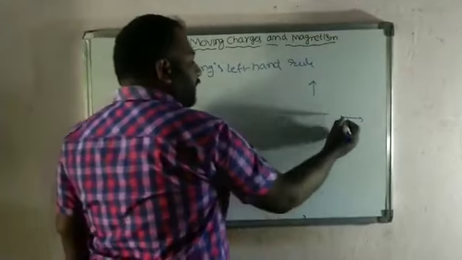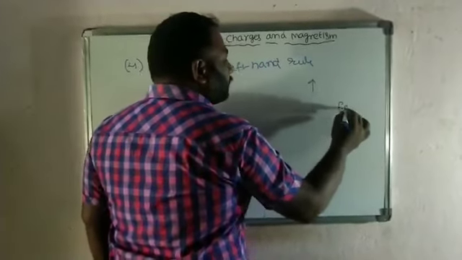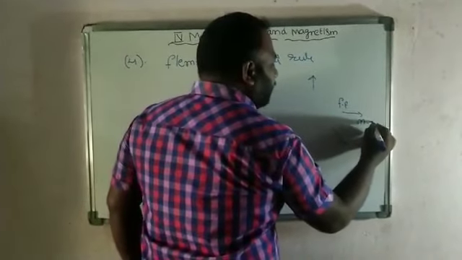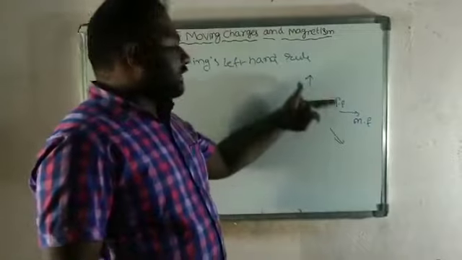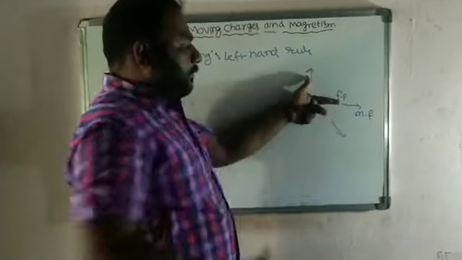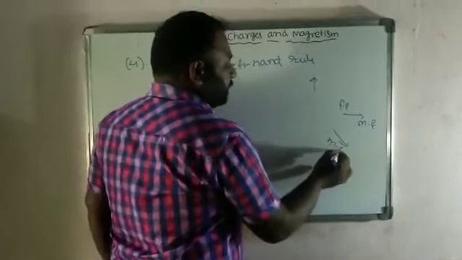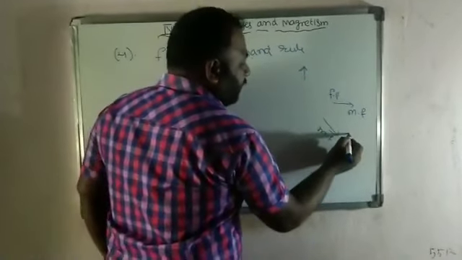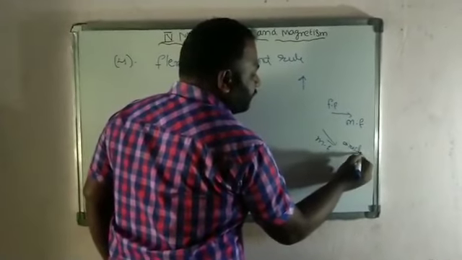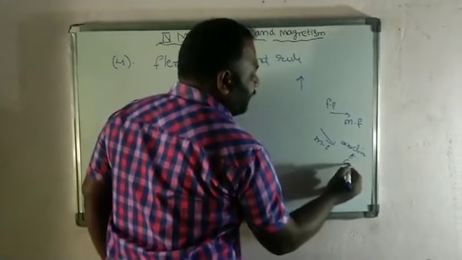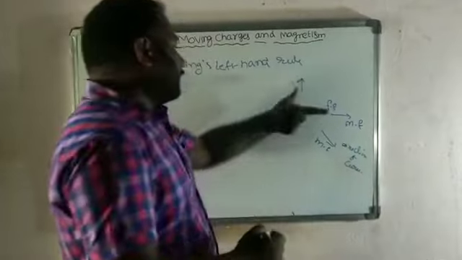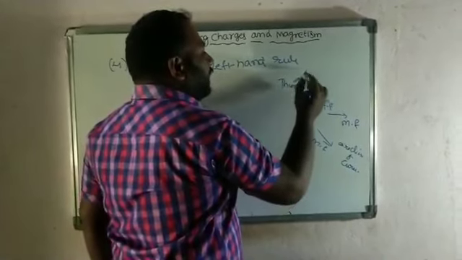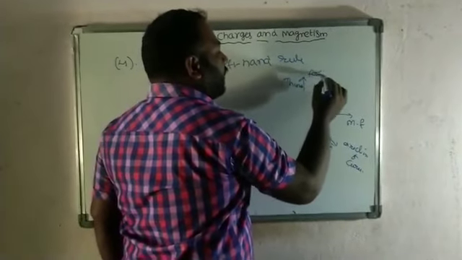The forefinger represents the magnetic field, the middle finger represents the direction of current, and the thumb indicates the direction of the magnetic force.